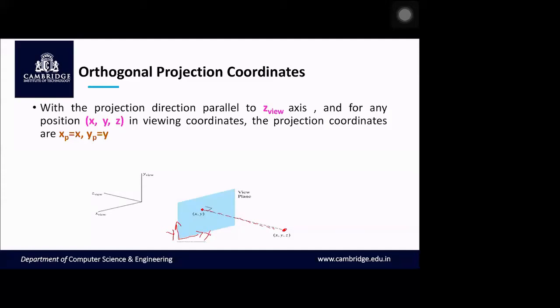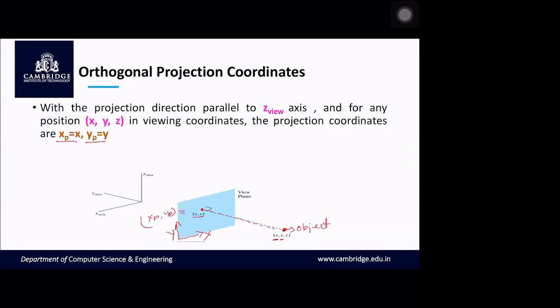If the point in the world coordinate is projected onto the view plane, what should the points be on the view plane? The projection point xp will be equal to x and yp will be equal to y, so xp comma yp equals x comma y, because the projection is parallel.